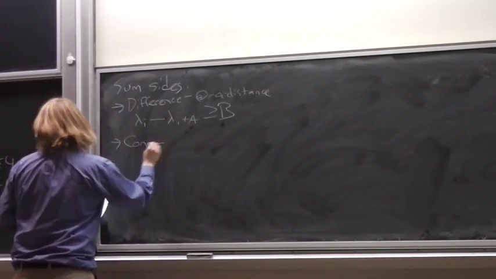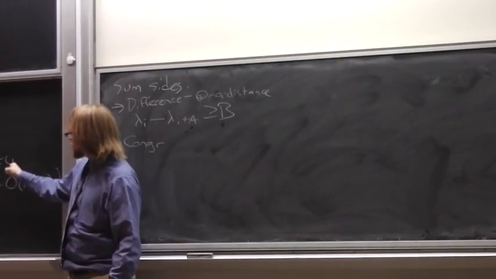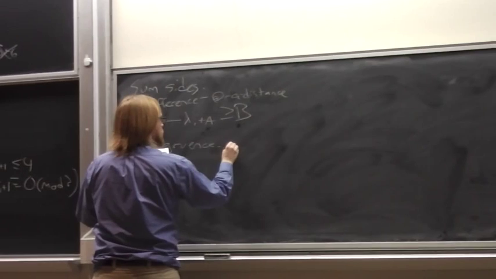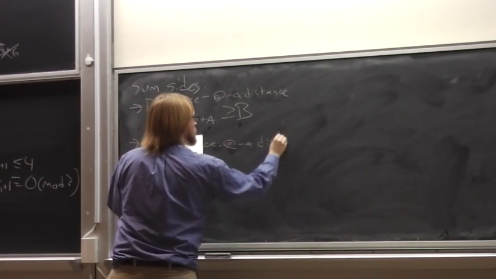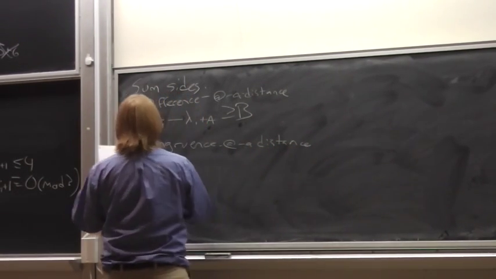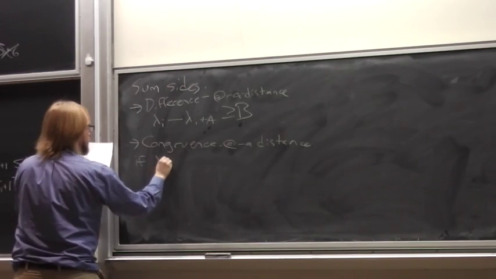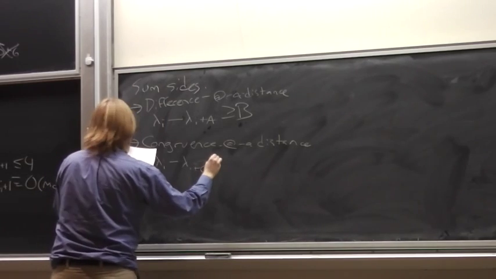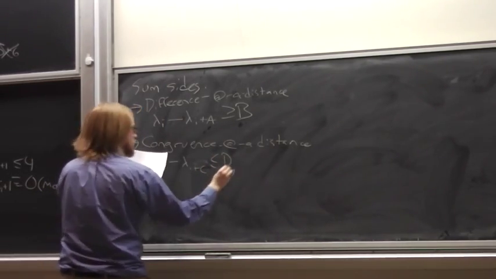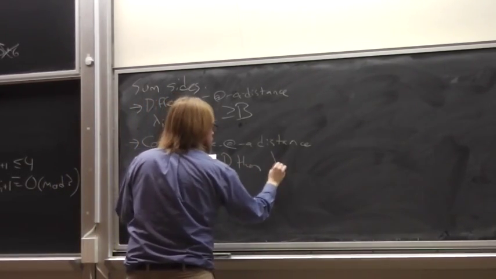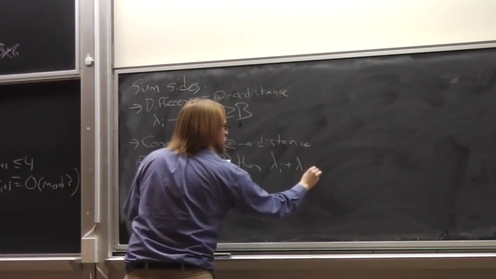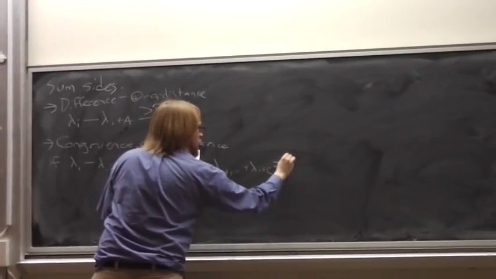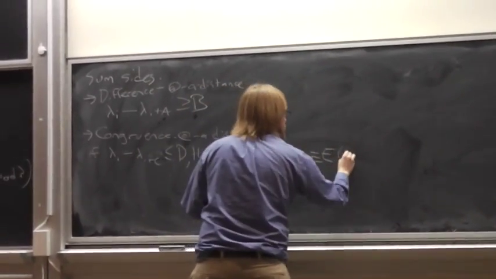Inspired by this Capparelli condition in here, we have what we call congruence at a distance. So this is: if lambda I minus lambda I plus C is less than or equal to D, then the sum of the parts has to be congruent to something mod something.